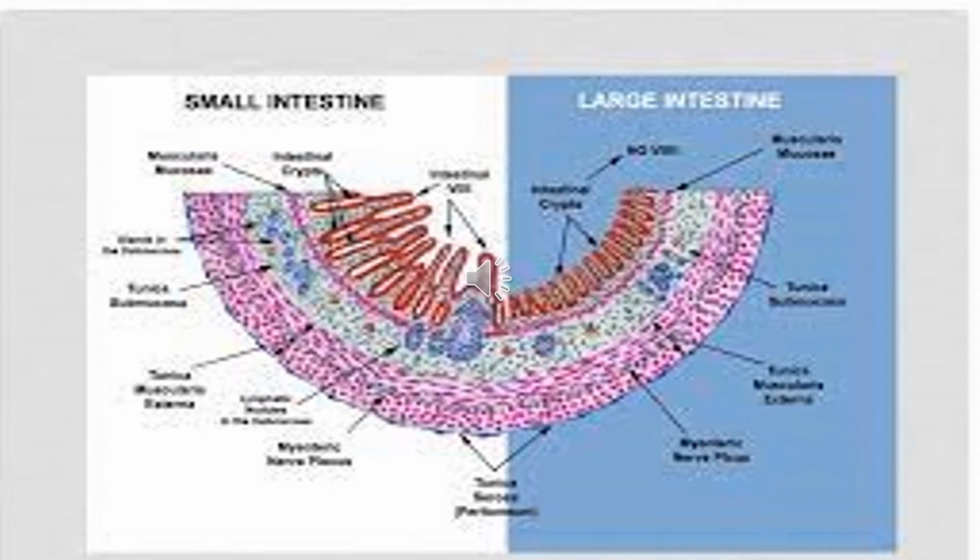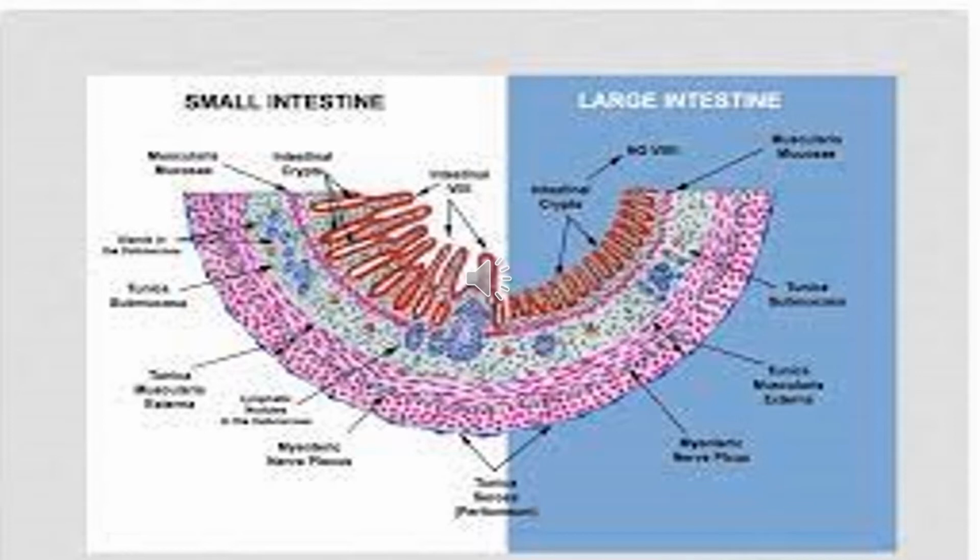The crypts of Lieberkuhn are very deeply placed, reaching up to the submucosa. And the muscularis mucosae is also in the form of a thick layer, while the rest of the layers, that is the submucosa, muscularis externa and adventitia or serosa, are similar in them.